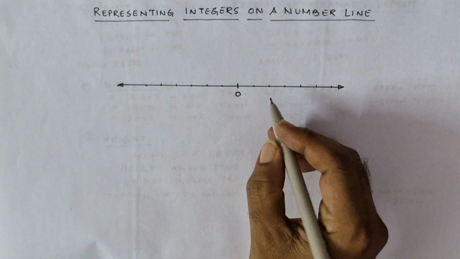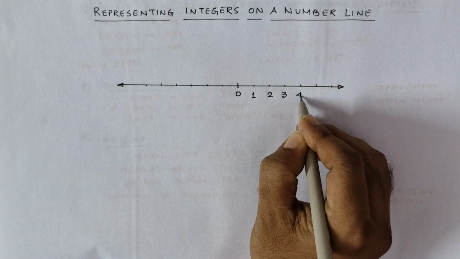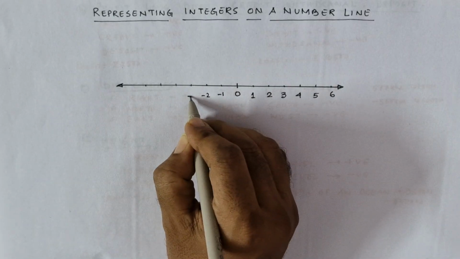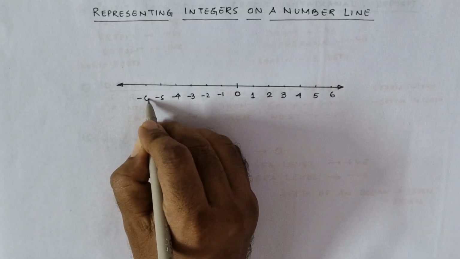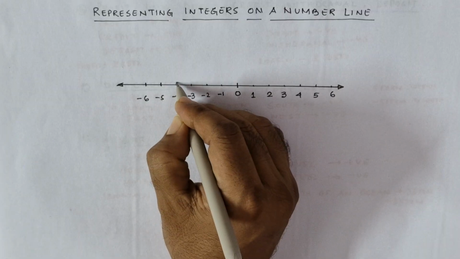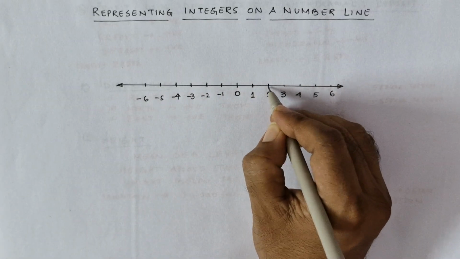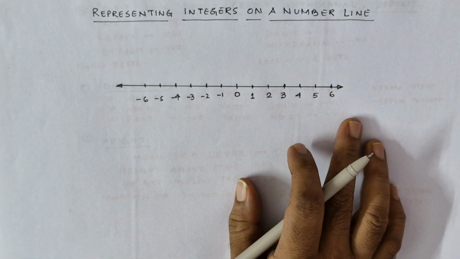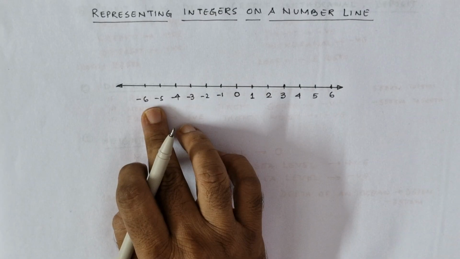Now I'll write 1, 2, 3, 4, 5, 6. Here -1, -2, -3, -4, -5 and -6. Got it? So let's mark them well so that it becomes visible. So this is a number line representing integers 0 to 6 and here 0 to -6.